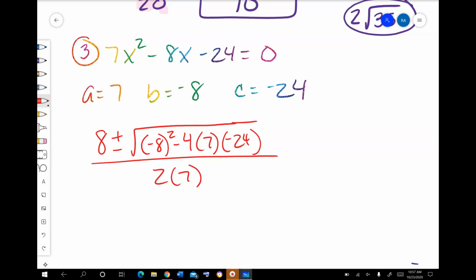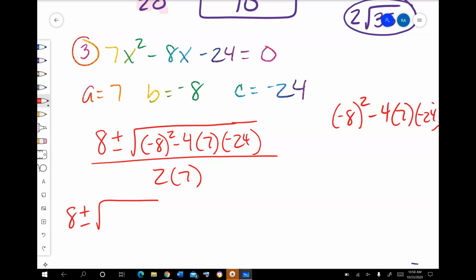Okay? Simplifying your 3 places. 8 can't be simplified, so we just write 8 down. I'm going to simplify what's underneath this radical by hand. And really, when you simplify it by hand, you're just simplifying this term first. So negative 8 squared is 64 minus, then simplify this last guy.